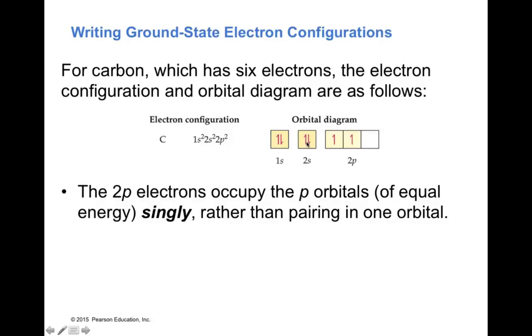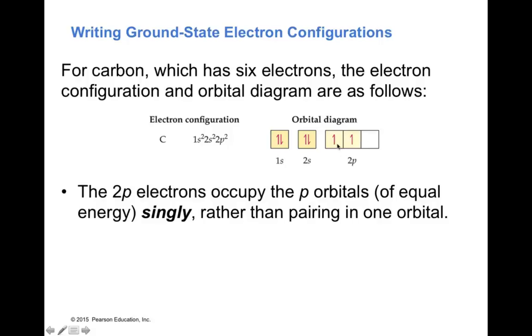For s, we just have 1. For p, we have 3, and for d, we have 5. So that's why we have 3 boxes here, 1 for each of the axes, px, py, pz. It doesn't matter which one is which, but each one represents one of them. The important thing is that we have 3 spaces available where we can put at least 2 electrons each.